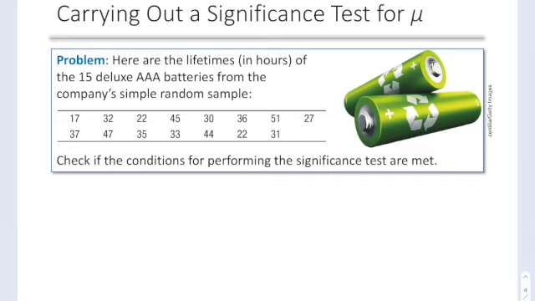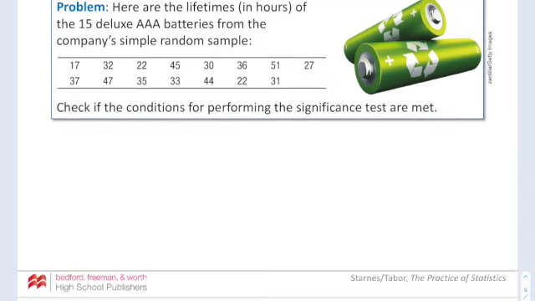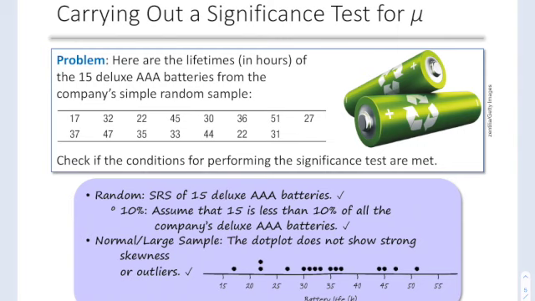So carrying out a test, here are the lifetimes of those 15 deluxe AAA batteries from the company's simple random sample. And so we want to check the conditions. So it's a simple random sample of 15 deluxe AAA batteries, and it's safe to assume that 15 is less than 10% of all the AAA batteries the company makes. And then here is a dot plot of that distribution.